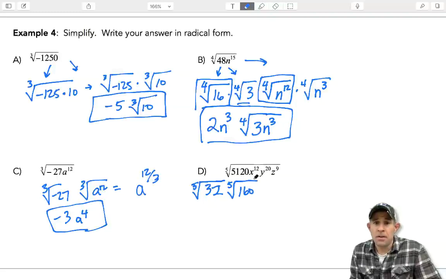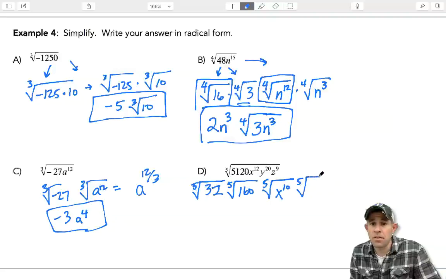All right, now next we're going to take this x to the 12th, and that factors into the fifth root of x to the 10th times the fifth root of x squared. Next is y to the 20th, and that's the fifth root of y to the 20th.